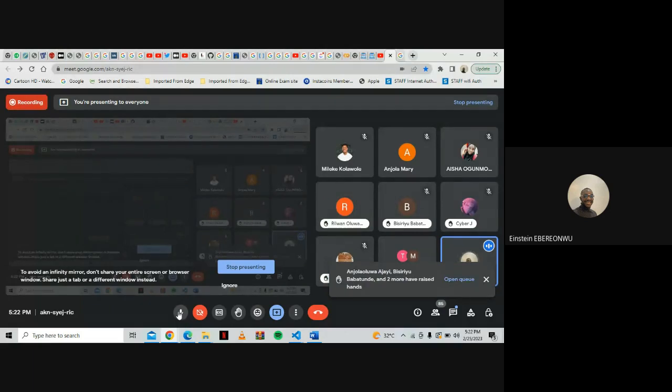APIs can be used for several things, whether it be data extraction or any kind of processing you need. Can you mute yourself? Thank you. So like I was saying, APIs can be used for any possible thing you want.